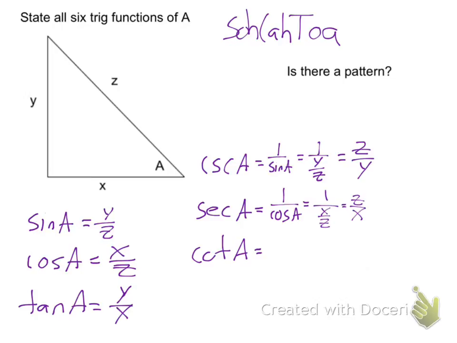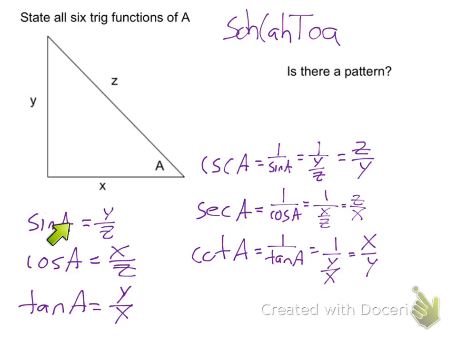And the last one, cotangent, is 1 over tangent of A, which is 1 over y over x, which ends up being x over y. Ladies and gentlemen, can you see any kind of pattern that's going on?